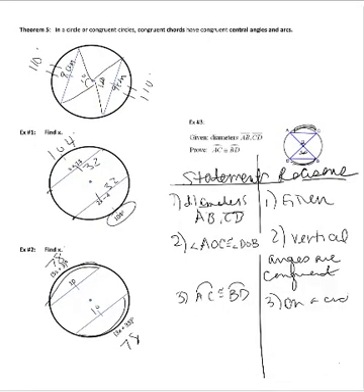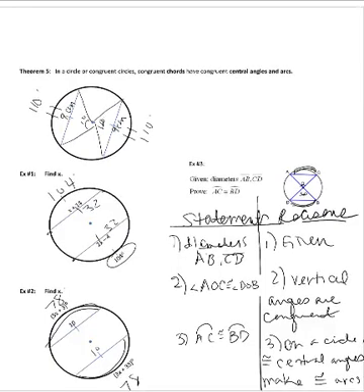In a circle, congruent central angles make congruent arcs. Doesn't always have to lead into triangles being congruent or similar or anything like that.